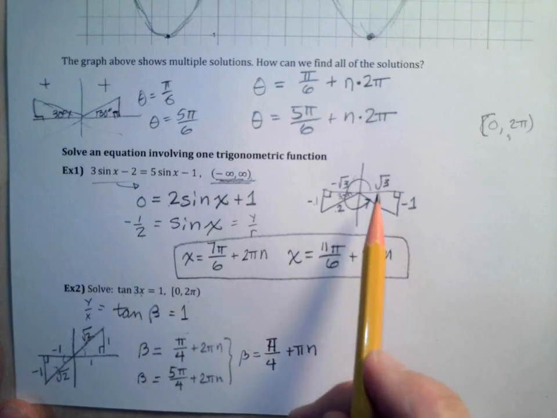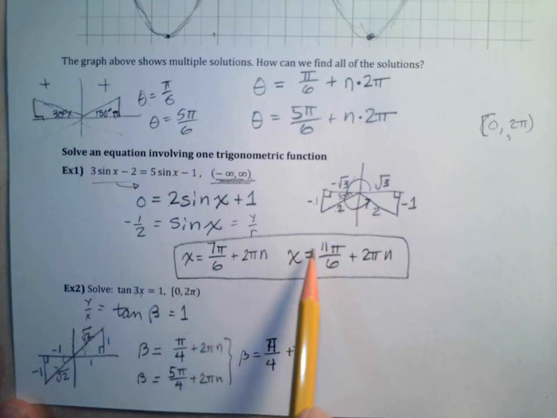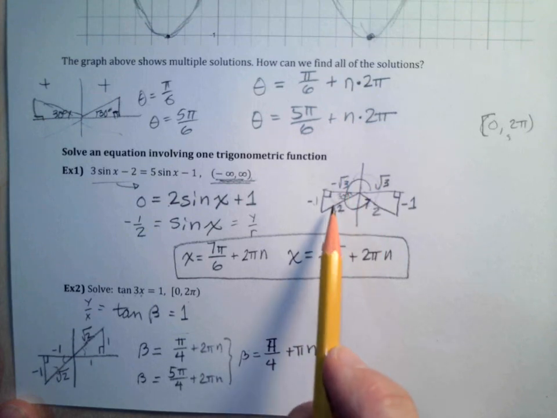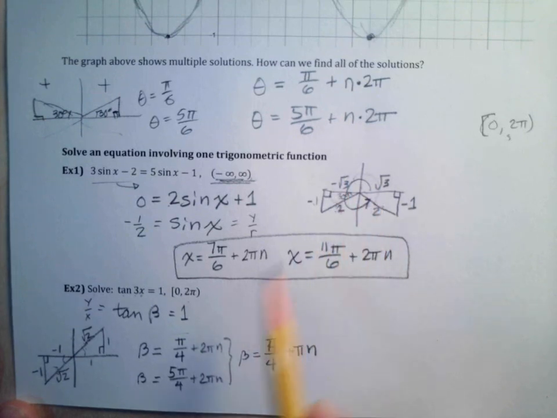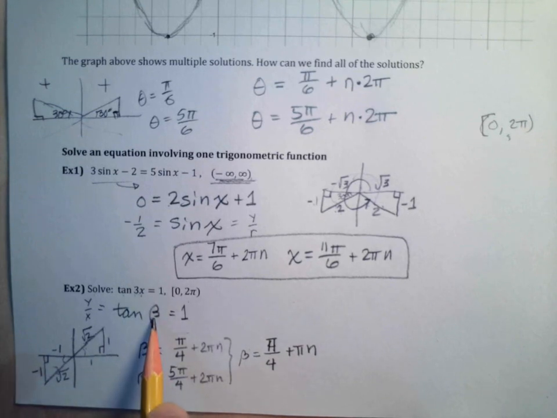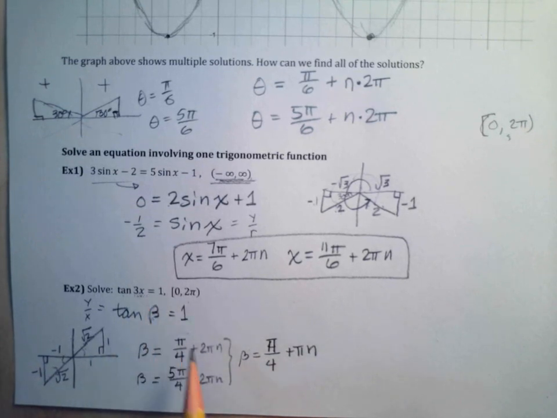Unlike this one up here, we would have to write this one separately. To go from this to this is not the same as to go from this to this. But it is here because it's straight across. Okay. Now, that's not your answer because we're not asking what beta is. Remember, we did a little substitution. We took out 3x and put in beta.